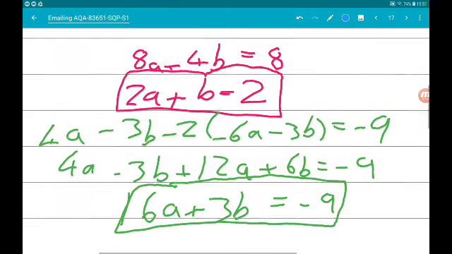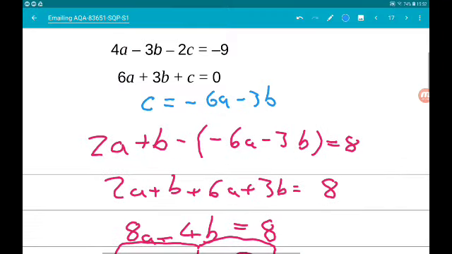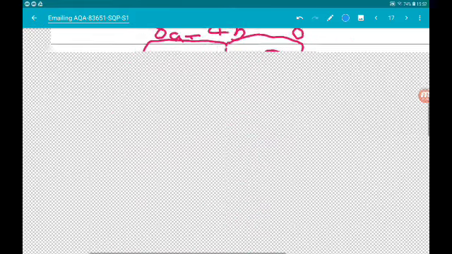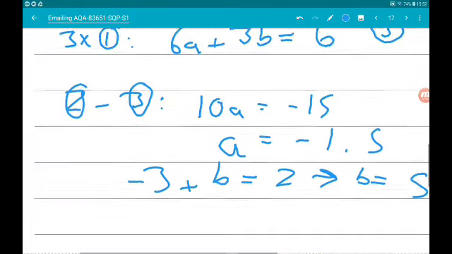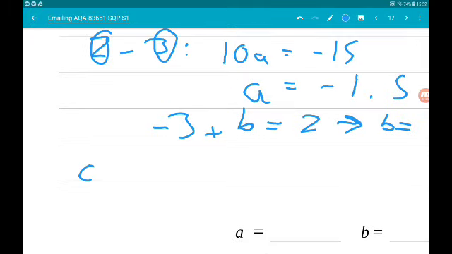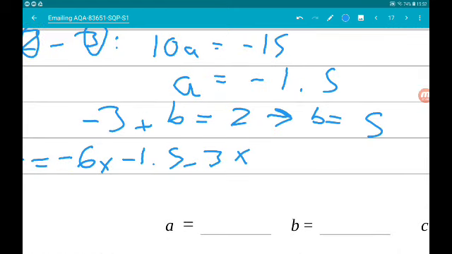And then finally, we can also find c. So remember that we said c was minus 6a minus 3b. So c is minus 6 times minus 1.5 minus 3 times 5.